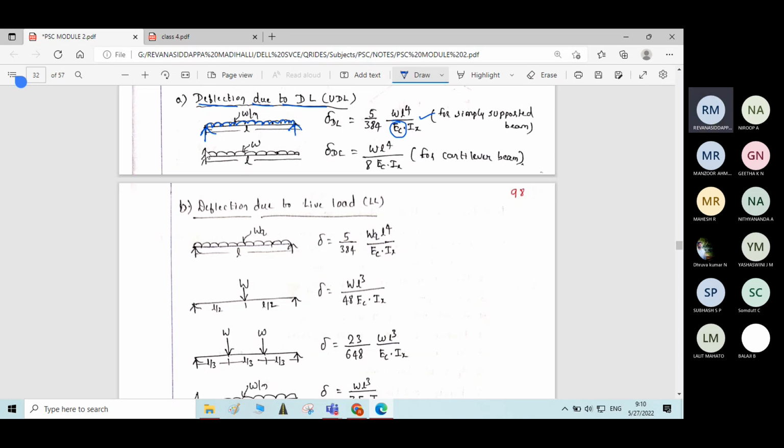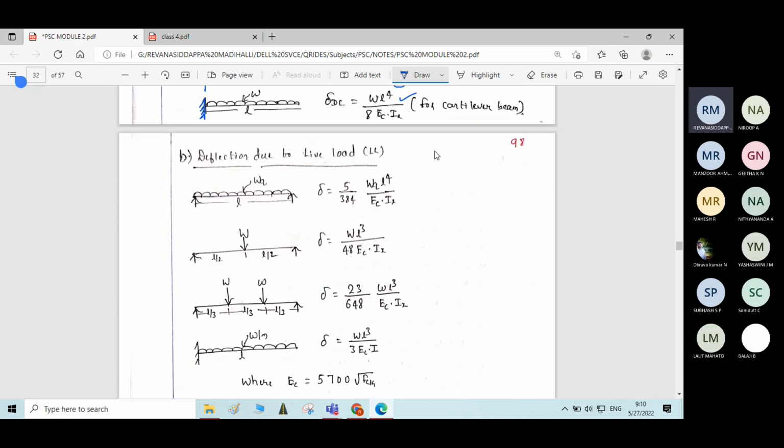If the beam is a cantilever beam, where one end is fixed and another end is free, then we will find the deflection using this formula: WL^4 divided by 8 Ec Ix, where Ec is Young's modulus of concrete and Ix is moment of inertia of the beam. This is how we find deflection due to dead load.